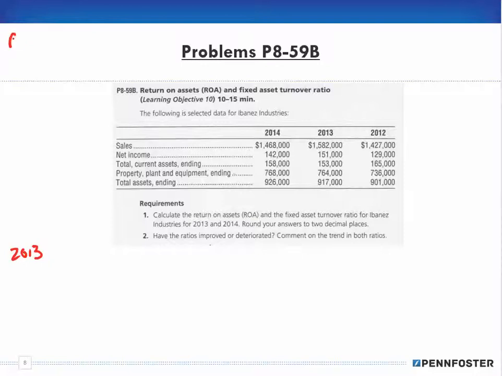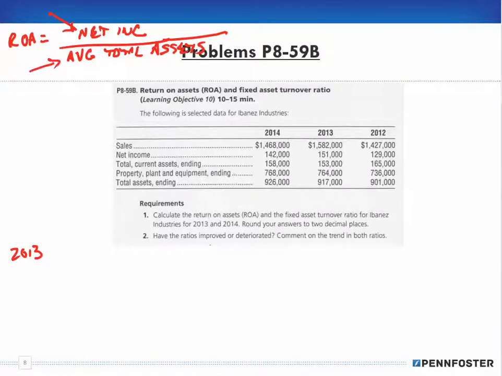So return on assets, we know that it is our net income divided by the average total assets. You should know what makes up net income, and if you've watched the theory videos, you've seen my explanation on what average means, so I'm not going to cover that again.